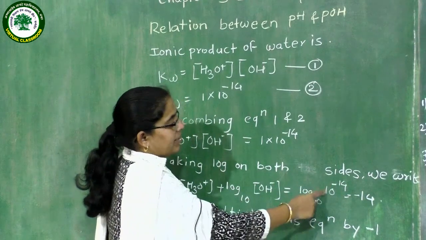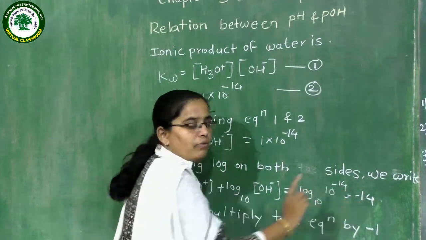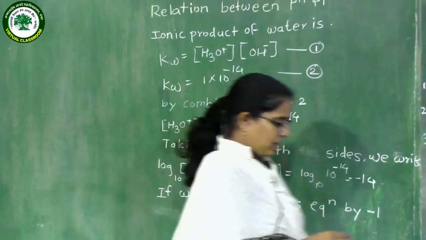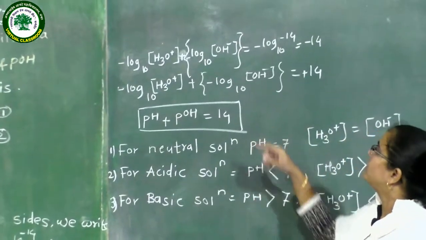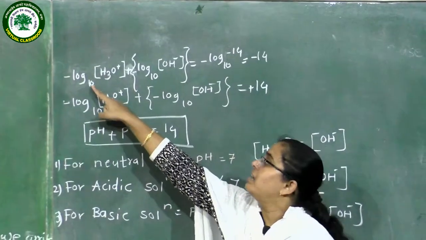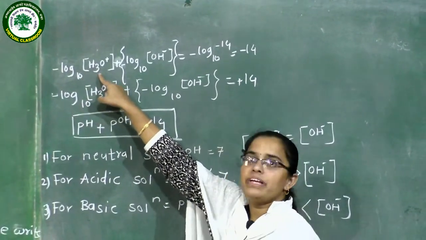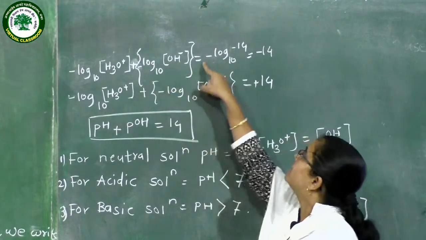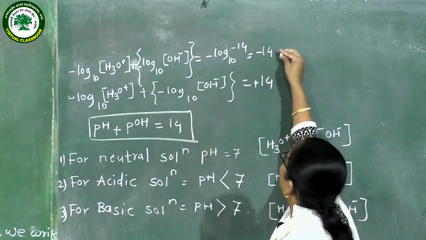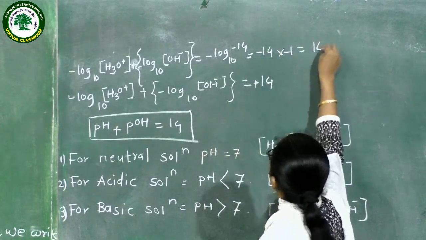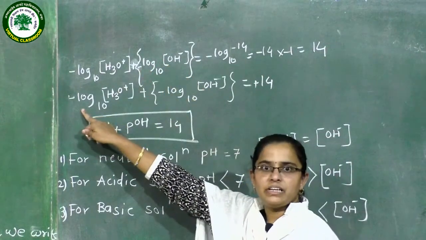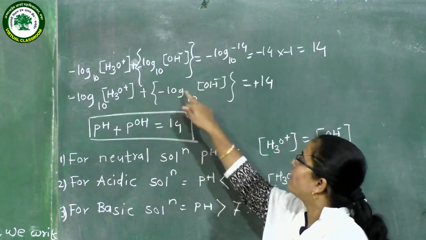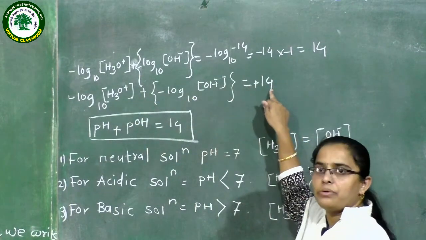Log base 10 of 10 raised to minus 14 is nothing but minus 14. Now if we multiply this equation by minus 1, we write: minus log base 10 concentration of H3O plus minus log base 10 concentration of OH minus is equal to minus 14. Multiplying by minus 1, it becomes 14. So I repeat the equation: minus log base 10 concentration of H3O plus minus log base 10 concentration of OH minus is equal to 14.